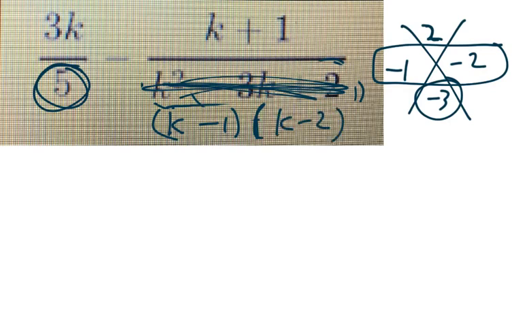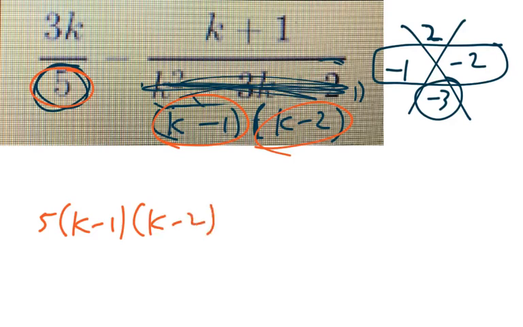Now what? Well, you're going to take all the factored pieces and put them together to make a common denominator. So this one here had a 5. This one here had a k minus 1 and a k minus 2. This is your common denominator.